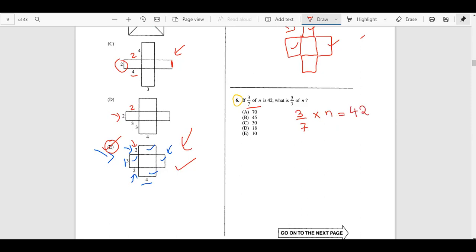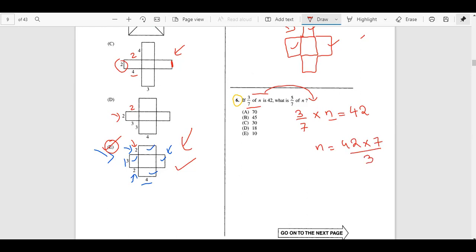Is this what this English means mathematically? Right, Zahir? Yes, ma'am. Now we need to find n. So n is going to be 42 into 7 divided by 3. This is what our n is.